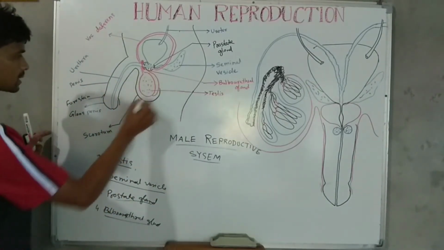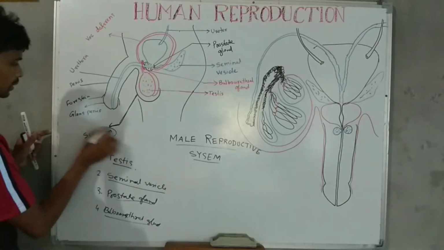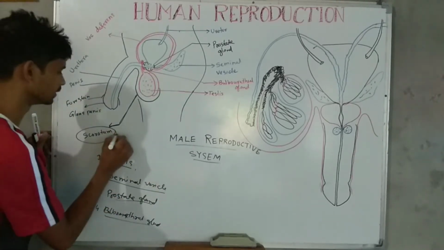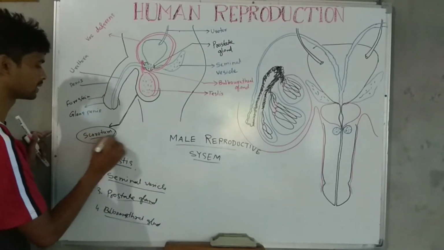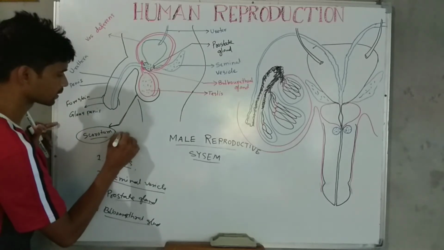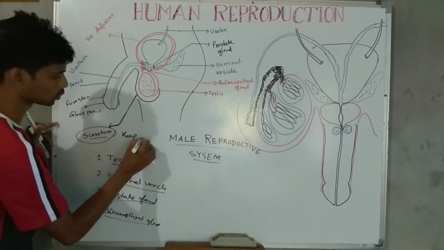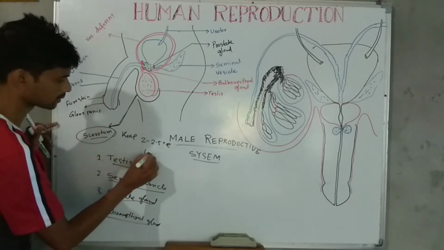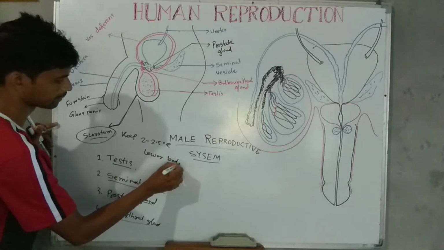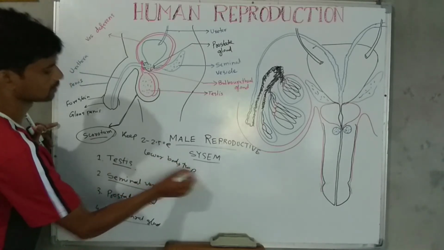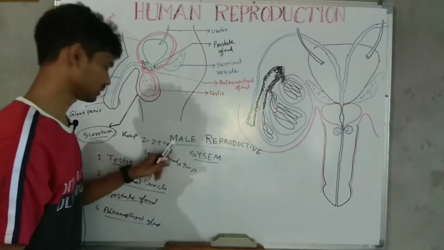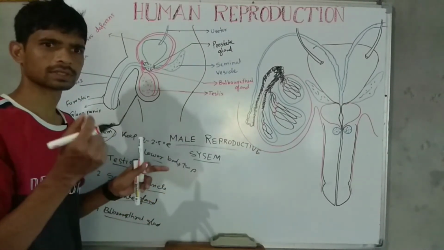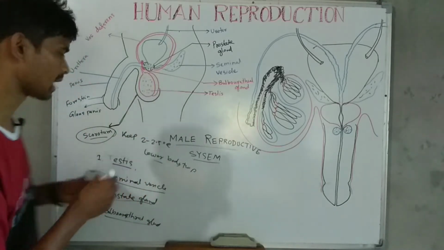That sac is called the scrotum. The scrotum keeps the testes outside the body, and the mechanism behind this is to keep them 2 to 2.5 degrees Celsius lower than body temperature. This keeps the sperm cells active and alive.